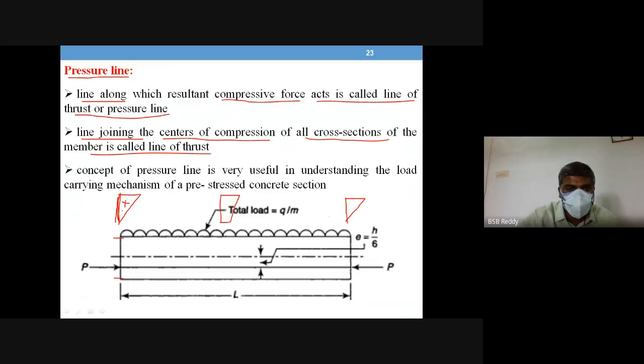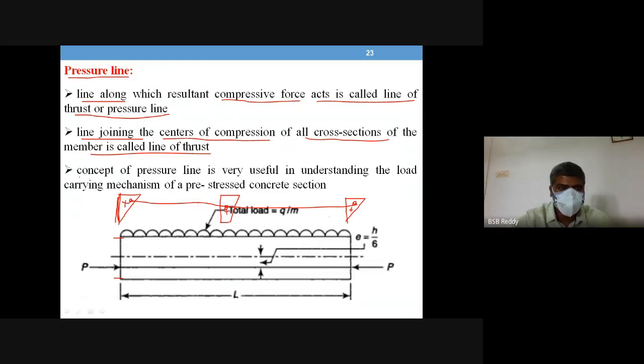Now you find the CG of this compressive stress diagram. Say for example, this is the CG of this one, this is the CG of this one, and this is the CG of this one. So just join all those points like this. So this is what you call the pressure line. Just as a rough example I say. What exactly we will get, we will follow in the next session.